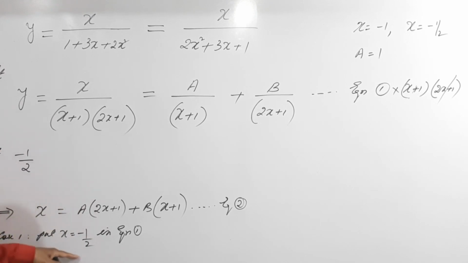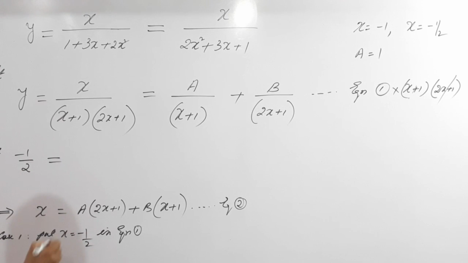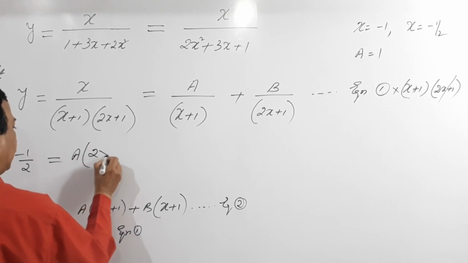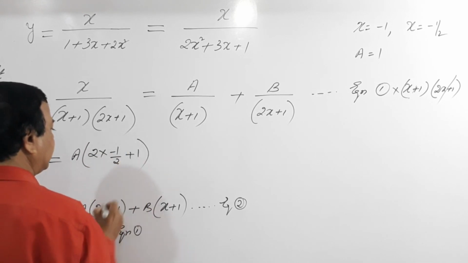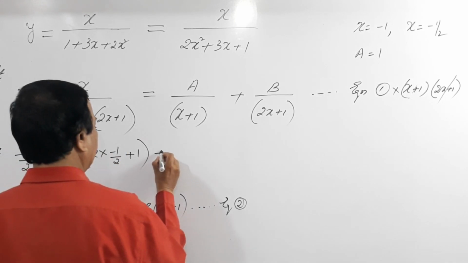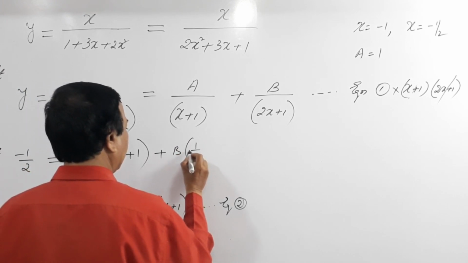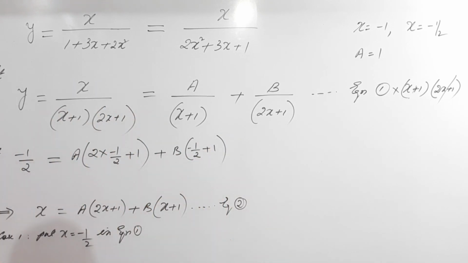On the left hand side, x is minus half, equals to a into 2 into minus half plus 1, plus b into minus half plus 1, correct?